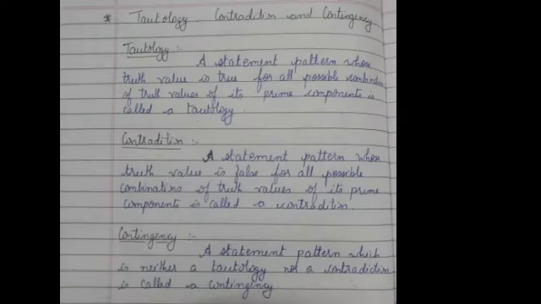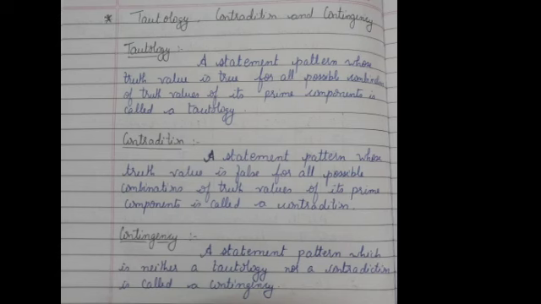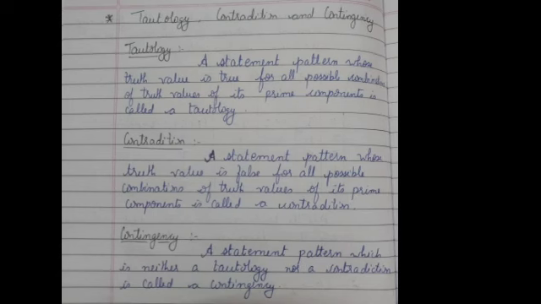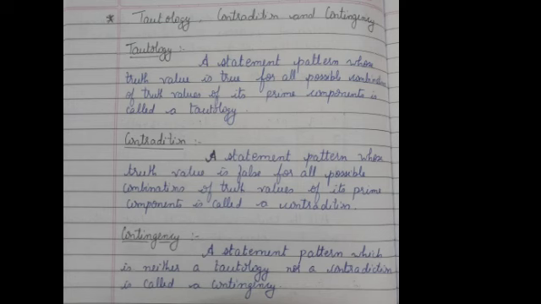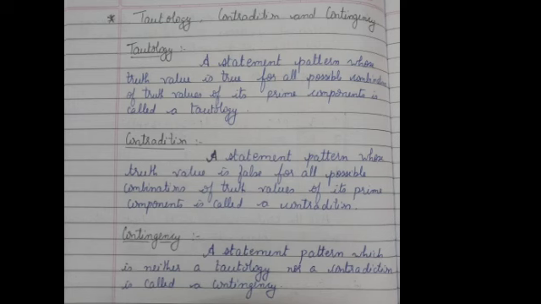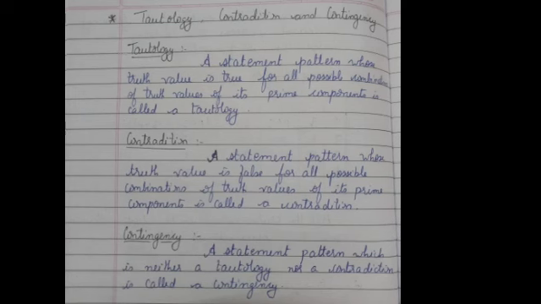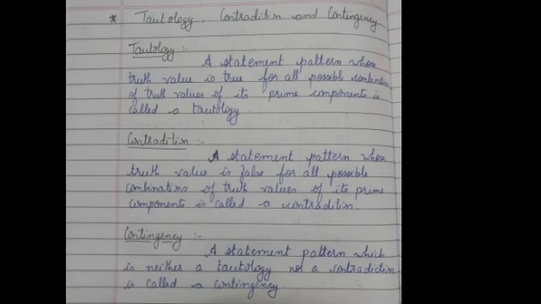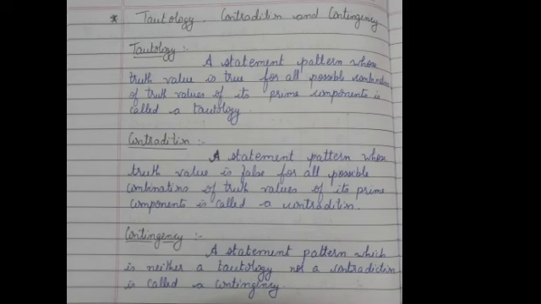So now the next topic is tautology, contradiction and contingency. First one, tautology: a statement pattern whose truth value is true for all possible combinations of truth values of its prime components is called a tautology.